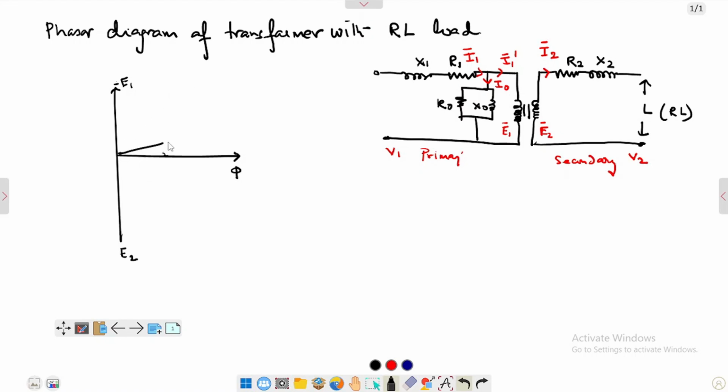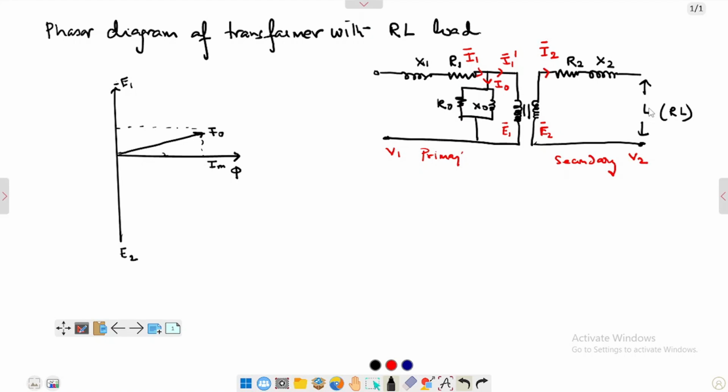At no load condition, the no load current is I0 like this, and the magnetizing component goes in this direction, and your working component goes in Y direction. Now, one important thing you have to do is to draw the phasor diagram of the RL circuit here.